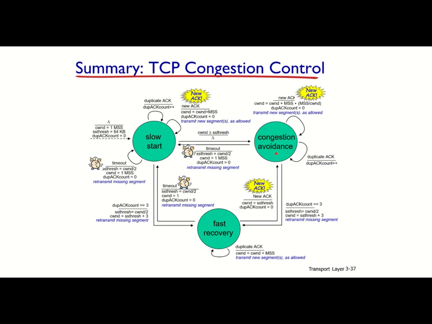In this state we increment the CWND gradually, by MSS every 1 RTT. And then we have fast recovery, in which, in the case that a data loss happens, we either set the CWND to 1 or cut it in half.